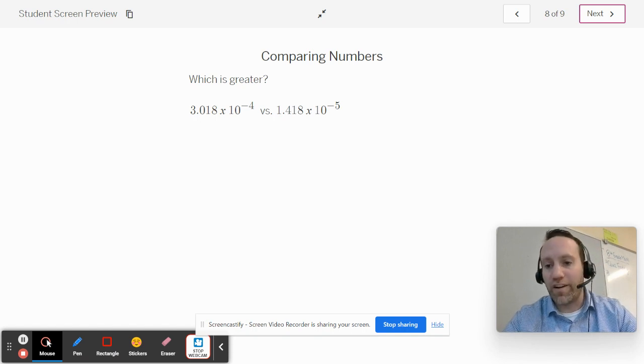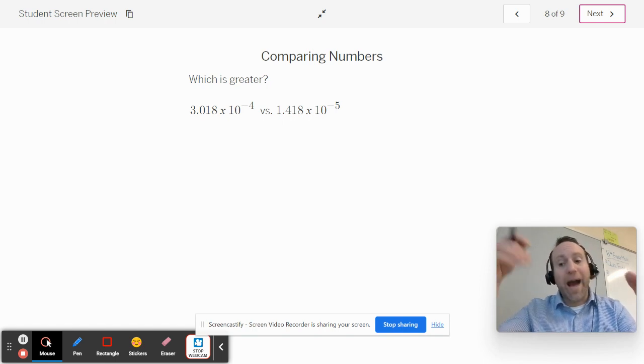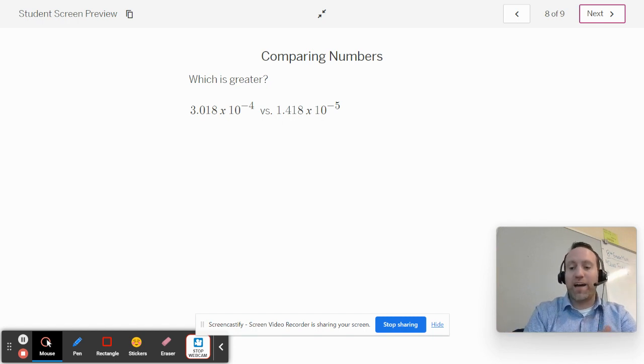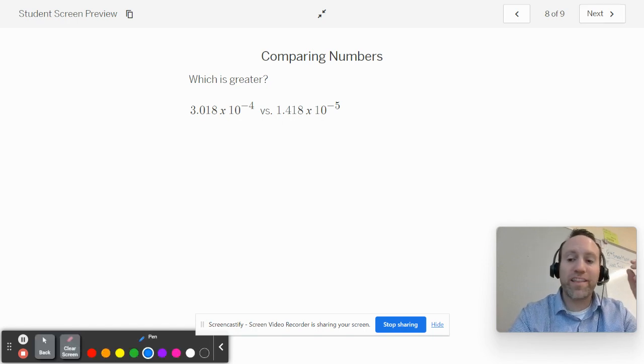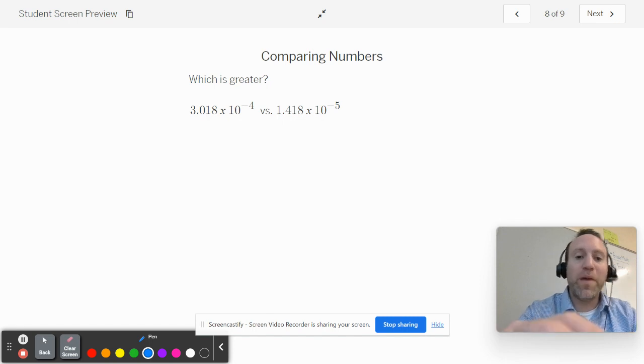Okay, so which is greater? Well, similar to the activator where I said a negative number, like negative 10, is smaller than negative 2, but positive 10 is bigger than positive 2. It's like they're opposites, right? So in this case, are they both written in scientific notation? They are. But when we look at the order of magnitude, again, we want to go with the bigger number. The bigger number now is negative 4, because negative 4 is greater than negative 5.